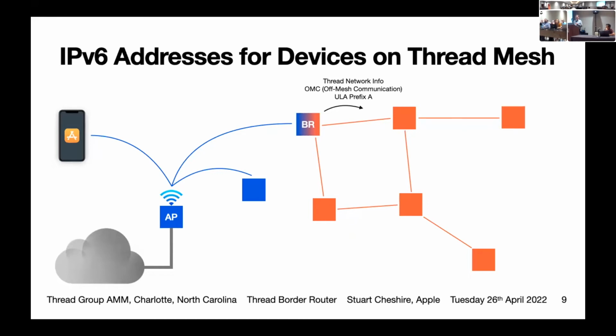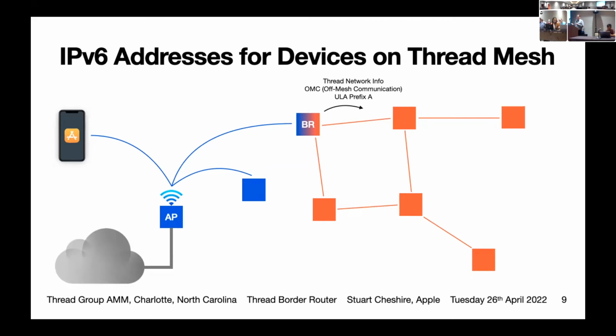Now, you may have firewall rules and there may be security policies there, so you can choose how much access you want. But architecturally, IPv6 prefix delegation gives you the freedom to have, if you want, a globally routable address. If you don't have prefix delegation available, then the border router will automatically make up a random unique local address and configure that as the off-mesh communication prefix on the Thread mesh.